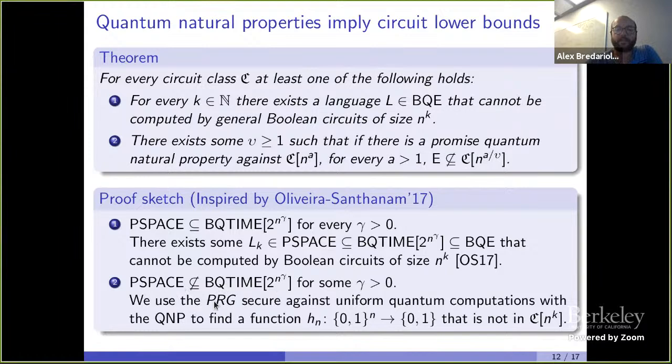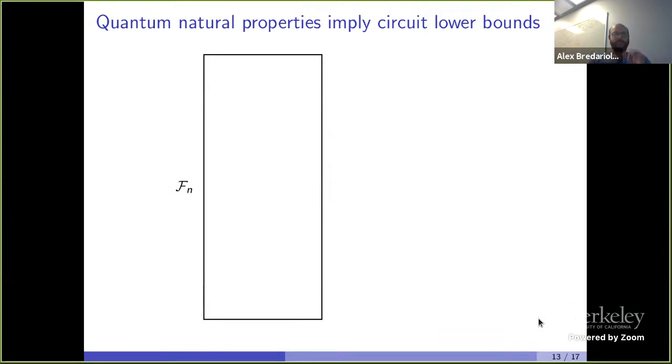then we can instantiate the PRG that I described in the last slide. Since this PRG fools every uniform quantum computation, we can use this quantum natural property to find some function that is not in the circuit class. Let me explain it with a picture.